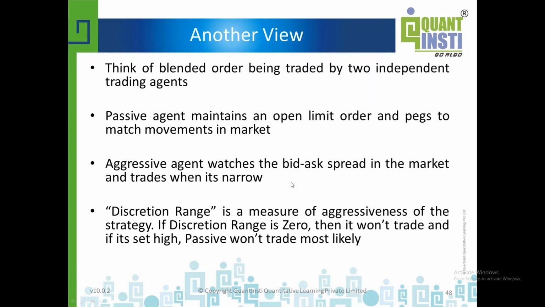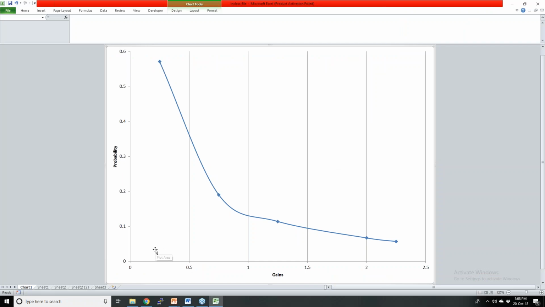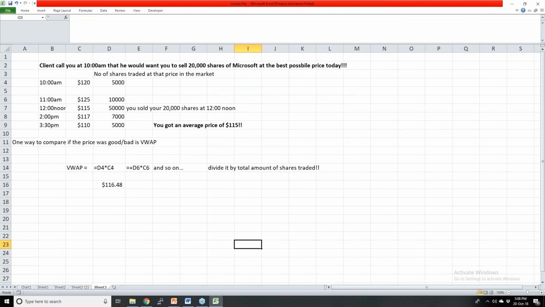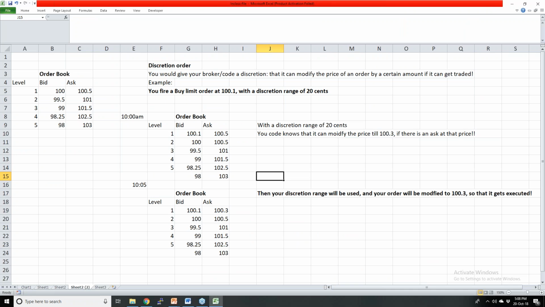Can you just elaborate on that, and I will explain it again. How to blend? All right. So I'll just give you an example. I'll give you the same example, right? So this was about discretion range, right?